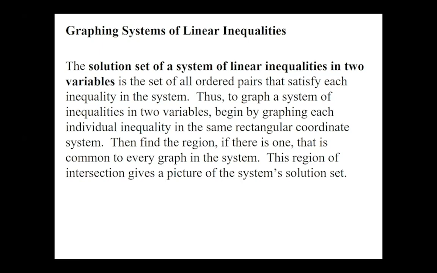But since one linear inequality shades one direction and the other linear inequality is going to shade in another direction entirely, at some point those two shadings are going to overlap, and the overlapping region is the solution set to the system.